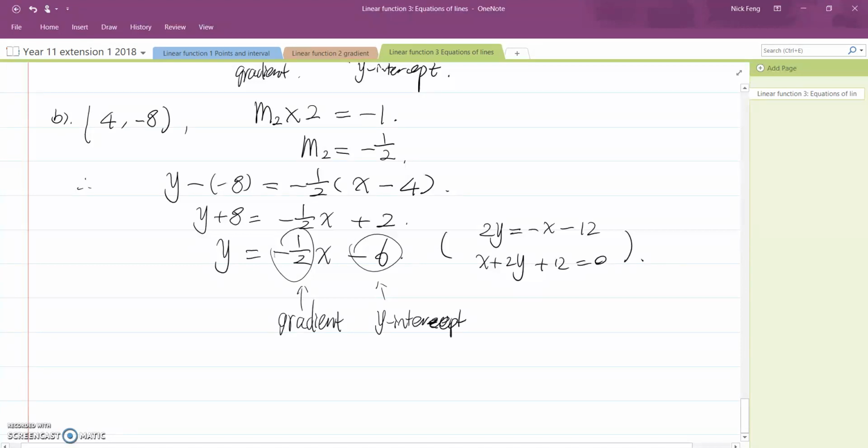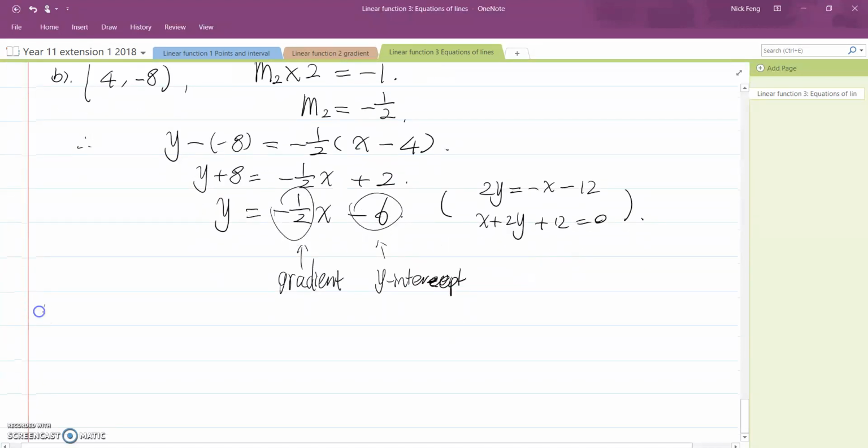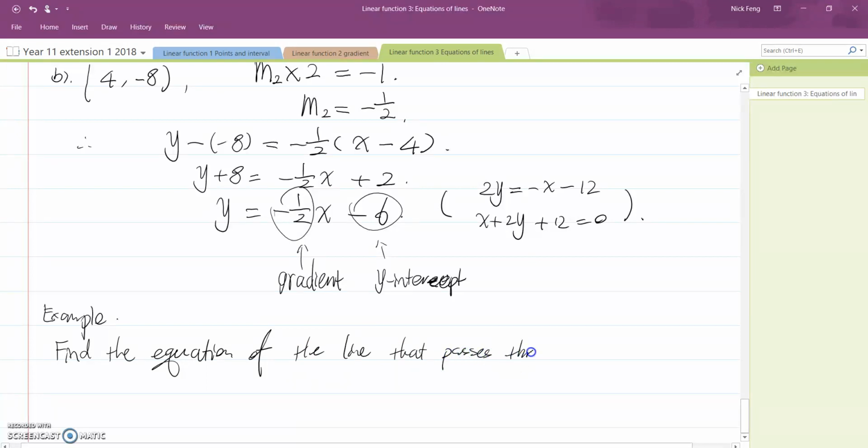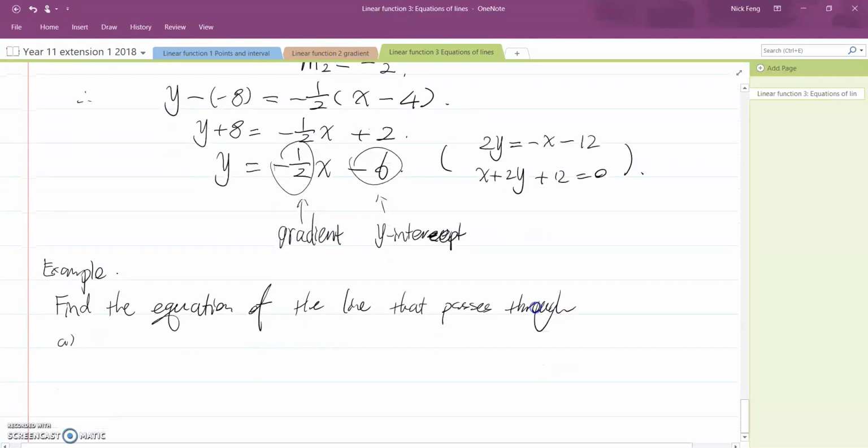Okay, so for example, find the equation of the line that passes through, let's separate it into two questions.